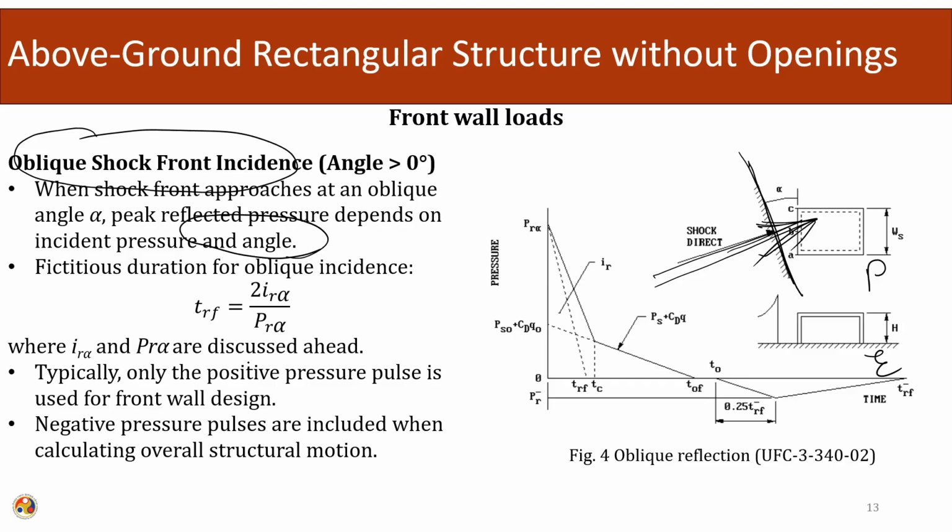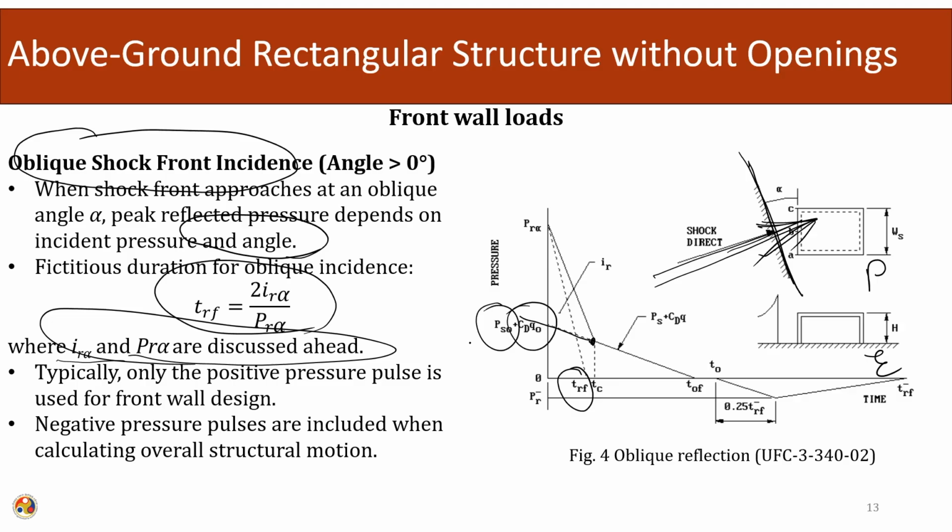In order to calculate the fictitious duration, we will take the angular component, where R alpha and PR alpha are discussed ahead. This is nothing but the angular component of the pressure that is hitting the structure. The rest of the treatment remains the same. After time Tc, incident pressure and the drag pressure act on the structure.